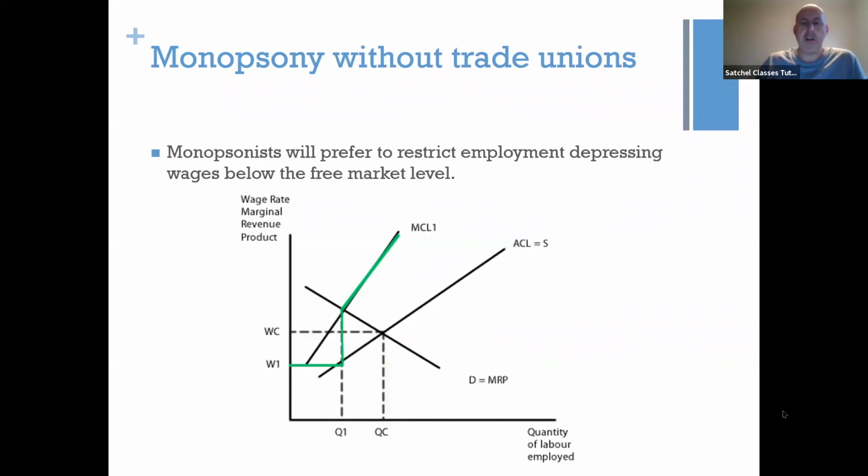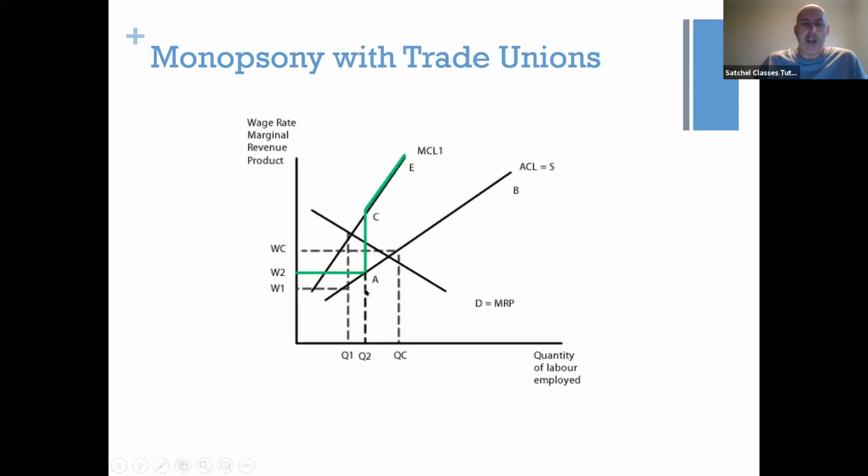So let's have a look what will happen if we add trade unions into the mix here. If we add trade unions into the mix, we can see we shift up the wages, because they'll use collective bargaining to shift up the wages, and that wage rate becomes the new normal wage rate.